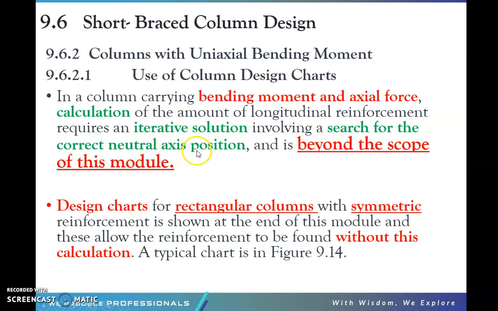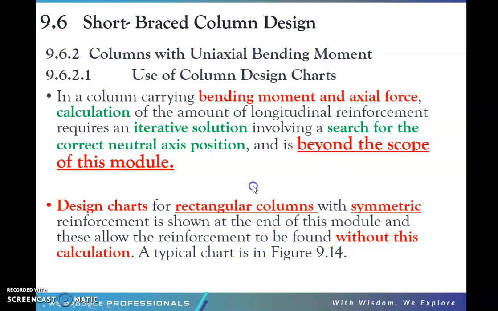So maksudnya in our study we are not using this iterative solution. We are now focusing on how to use the design chart. The design chart for rectangular column with symmetric reinforcement is shown at the end. I will show you later. This allows the reinforcement to be found without using this calculation.